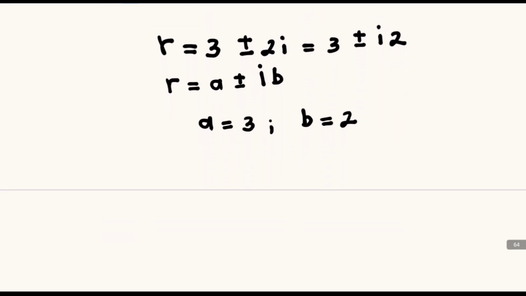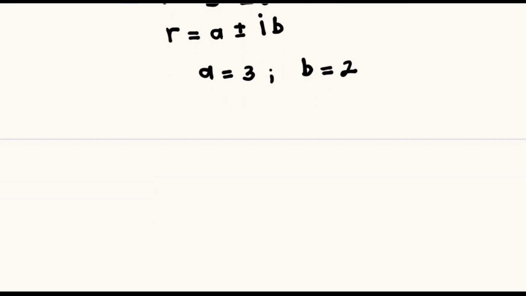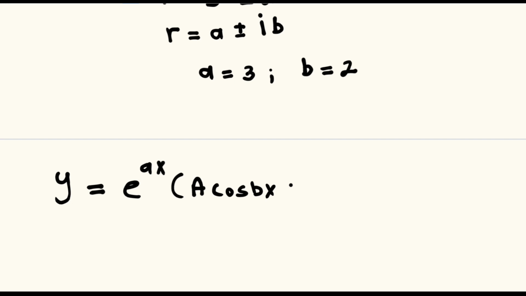So in the case where we have complex roots, then the general solution y will be equal to e raised to the power ax multiplied by capital A multiplied by the cos of bx plus capital B multiplied by sin bx. So now let's substitute.